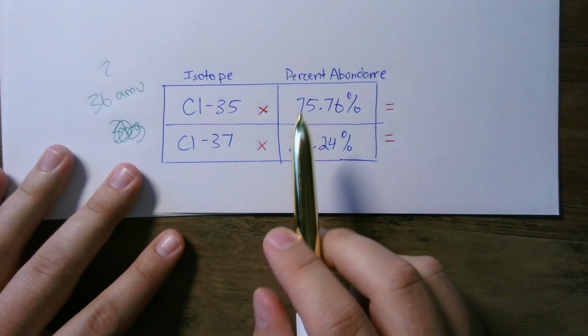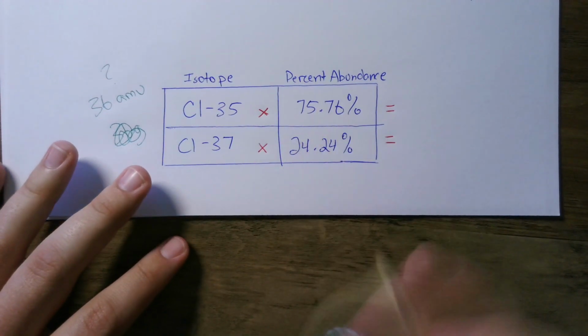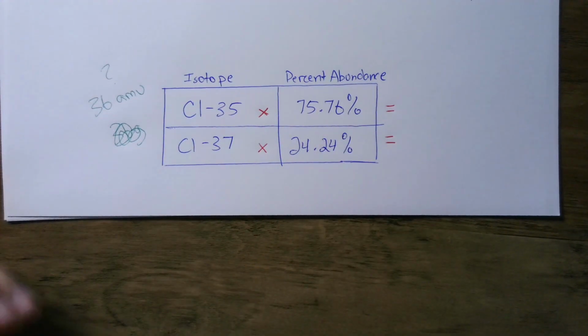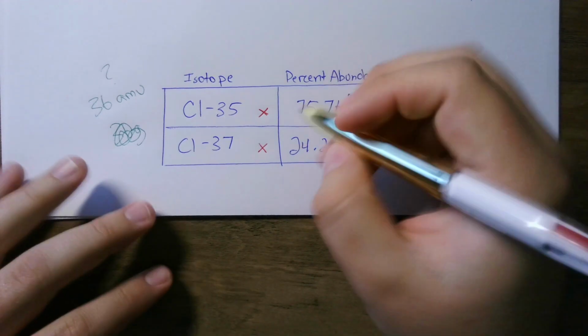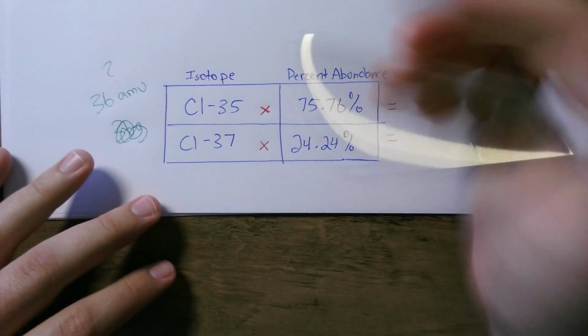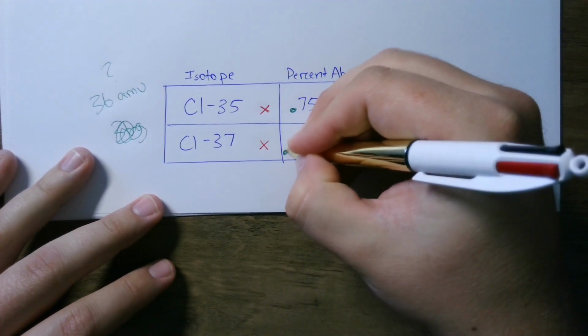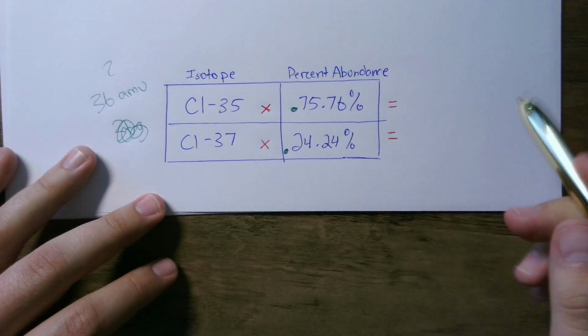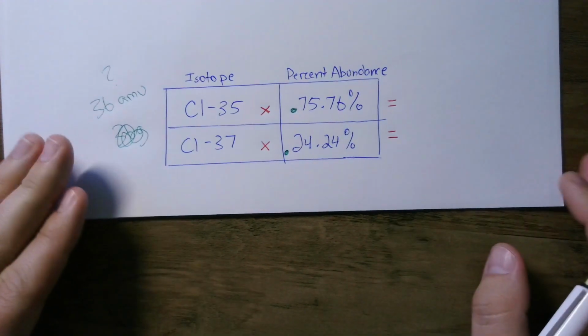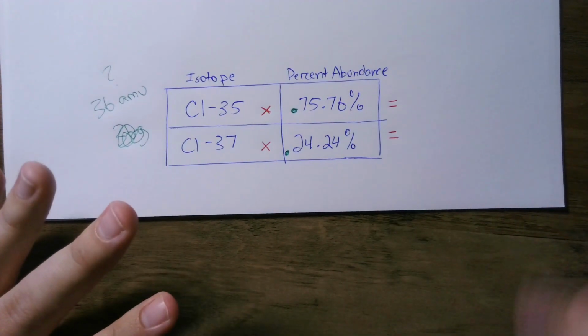Okay? There's a little bit of a problem that this is a percent. It's going to mess up our answer at the end, so we can change it to a proportion, meaning we can just move the decimal place over. Now you can choose to do that before you multiply, or you could just divide your answer by 100 at the end. Either way, you'll get the same answer.